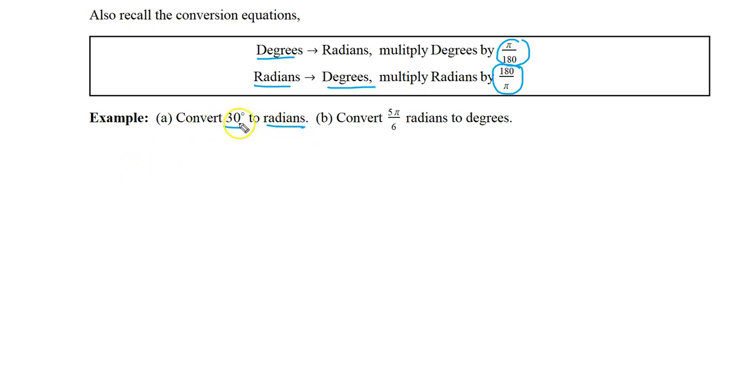Well, you just have to multiply 30 by pi over 180. And so we would get, and now 30 divided by 180, 30 over 180 is 1/6, and so we get pi over 6, and that's radians.